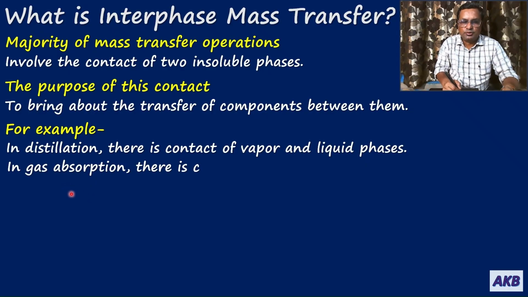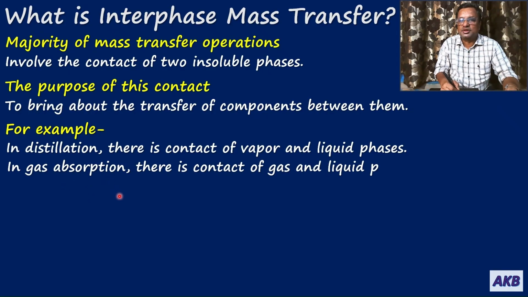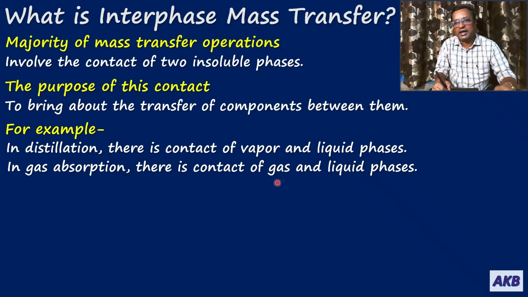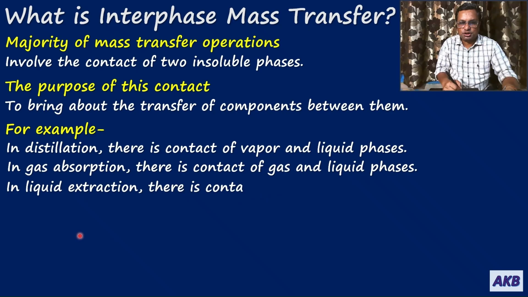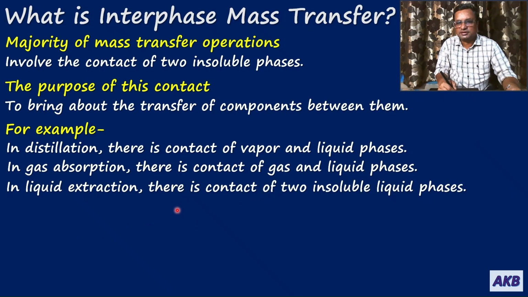Then in gas absorption, where a gaseous mixture is in contact with the liquid phase, that is, there is a contact of gas and liquid phases, and there is transfer of components from gas to the liquid phase. And in liquid extraction, there is contact of two insoluble liquid phases, and components get transferred from the feed solution to the solvent. So there is transfer of components between them.